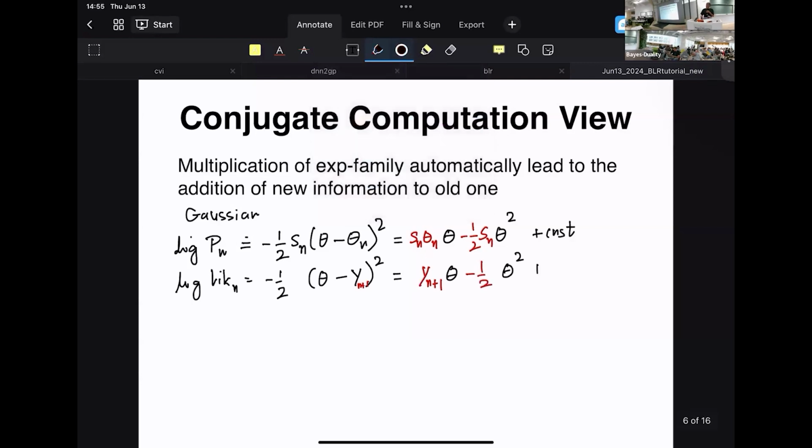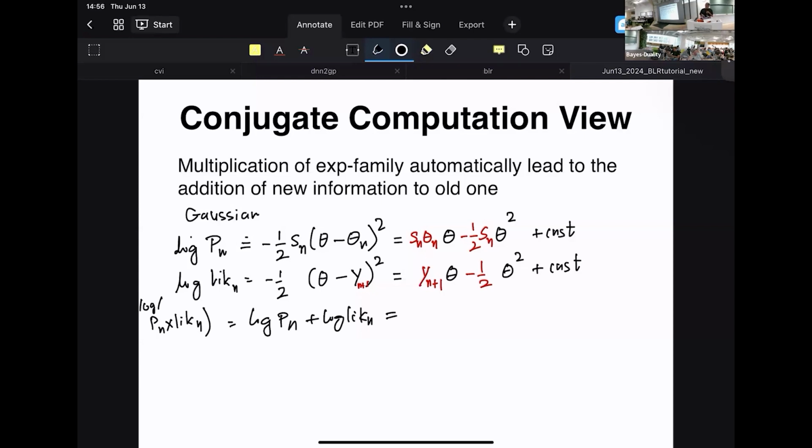Okay? So you could see why things are added up now, because when you multiply Pn times the likelihood of n, if you took the log of this, then it will be log of Pn plus log of likelihood of n, and then you just add these things together, right?